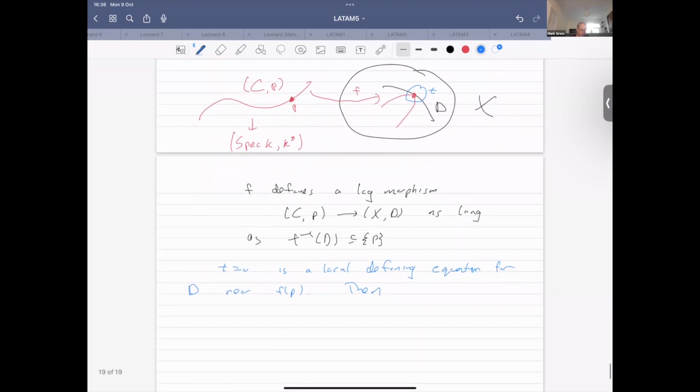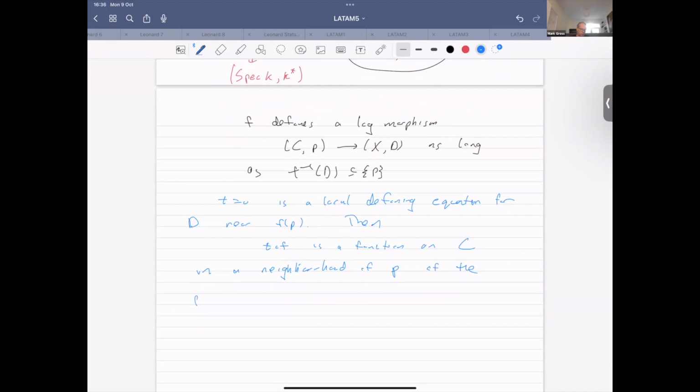Then F composed with t, t composed with F, is a function on C in a neighborhood of P of the form, let's say, phi times v to the a.